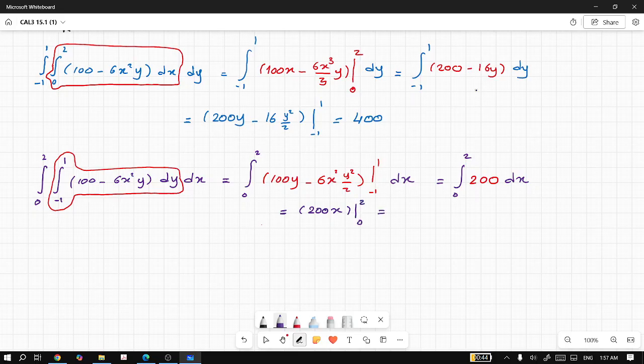Plugging in 2 and 0 into that function, we get the result is 400, which is exactly the same result as we got from the previous one. So solving the integration dx dy or changing the order dy dx must give you the same solution.